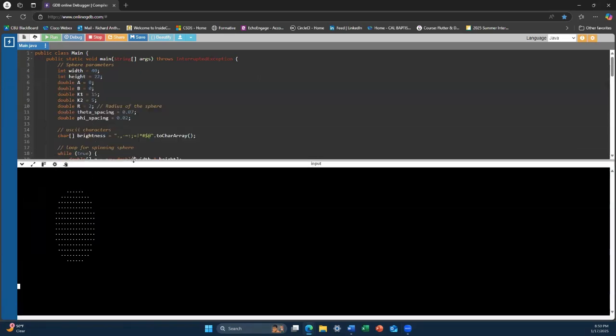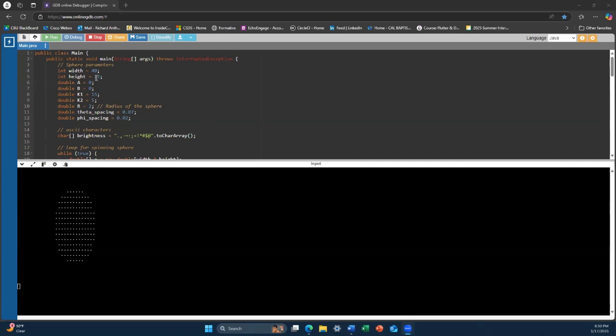here it is. We changed it a bit so instead of just constantly going upwards, it stays in the same place. And you can see it is turning around this 2D ASCII like a 3D model, even though it's not 3D.